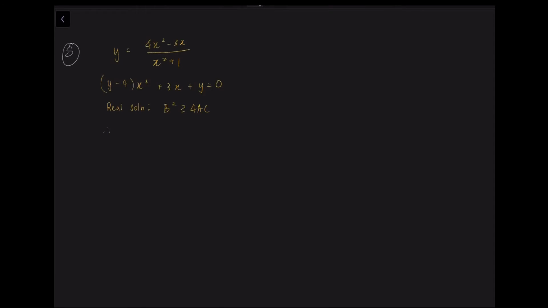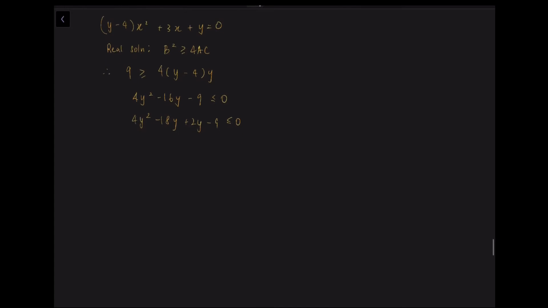And to find real solutions, we know that b squared must be larger than or equal to 4ac. So substituting a, b, c into the equation, we know that 9 is larger than or equal to 4 times (y minus 4) times y. And we rearrange the equation, and we will get 4y squared minus 16y minus 9 is less than or equal to 0.